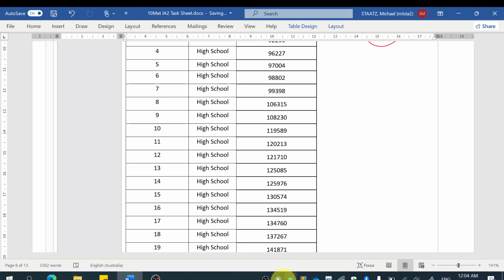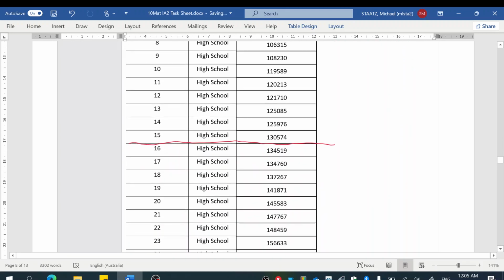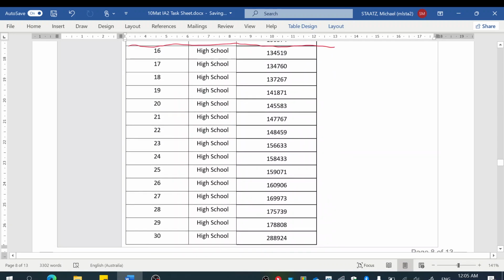So I am going to draw a line between 15 and 16. And now if I want to check that I've done it correctly, I should see that I've got 15 observations above my line and 15 observations below my line.